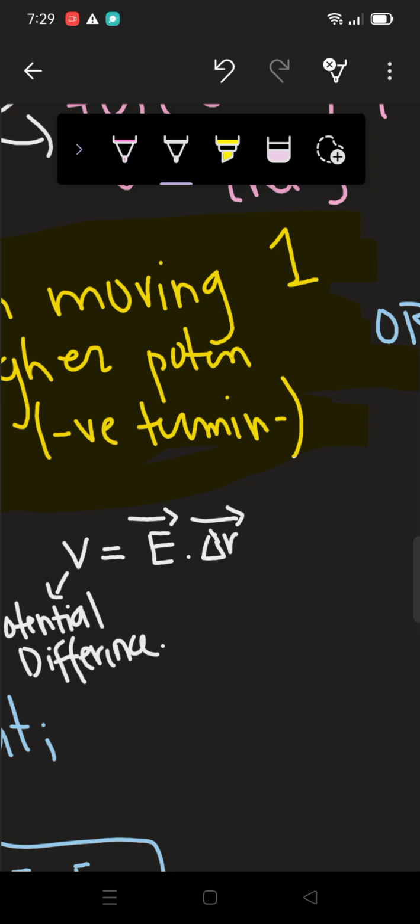When we remove this dot, we have a function between these two quantities, and that is cos theta, which represents the angle between the electric field intensity and the displacement.